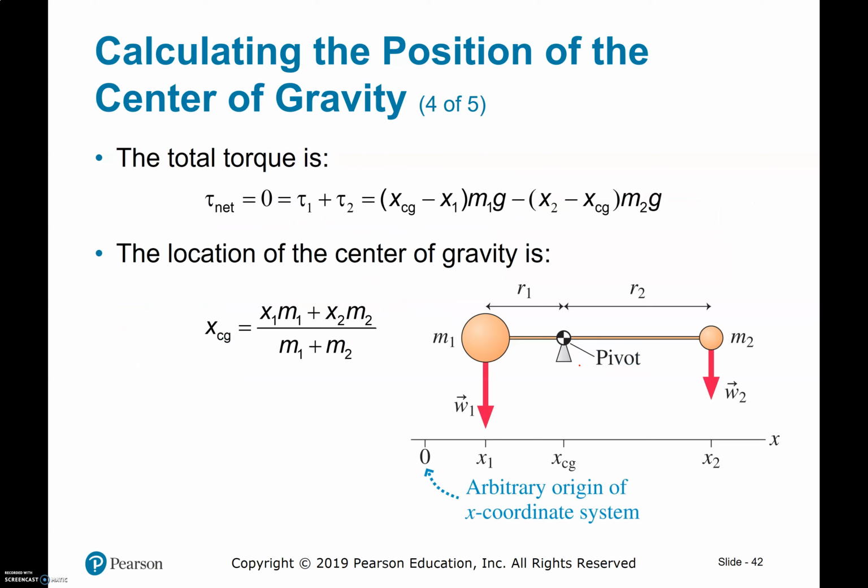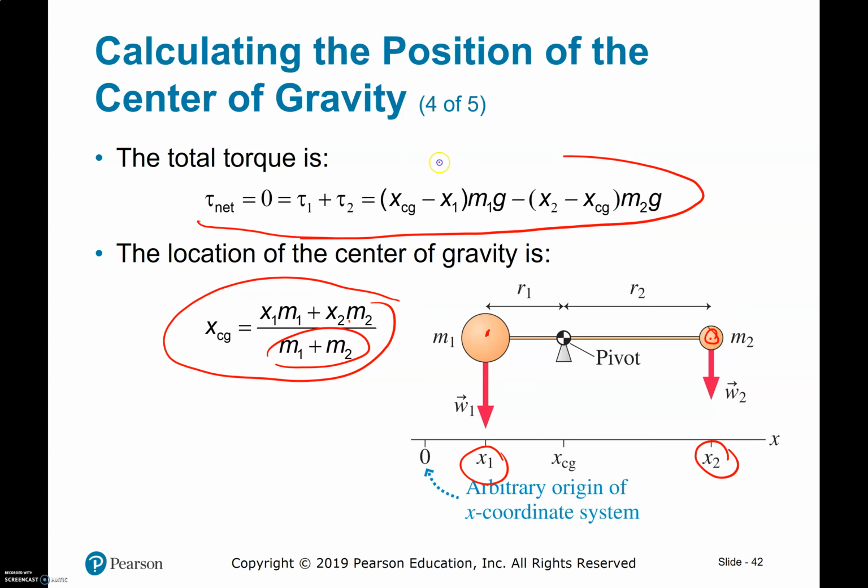Mathematically, what you would do is you set a coordinate system. So this mass is at position x1, this mass 2 is at position x2, and then you would use this equation here. The center of gravity is x1 m1 for this mass, plus x2 m2 for this mass, divided by the total mass. So that comes from finding the point that actually cancels out the torque.